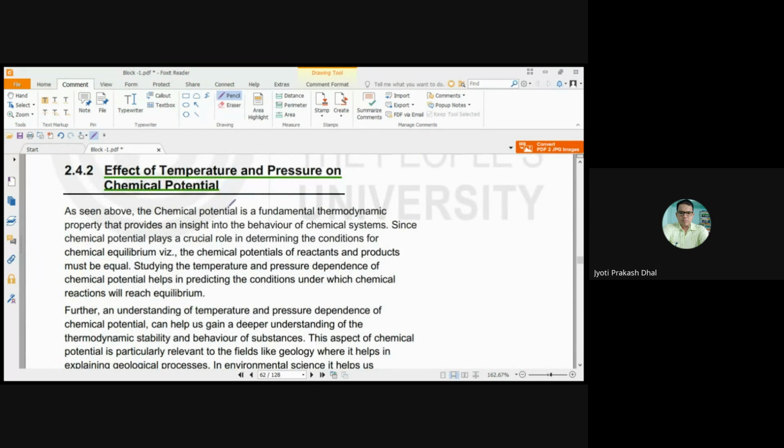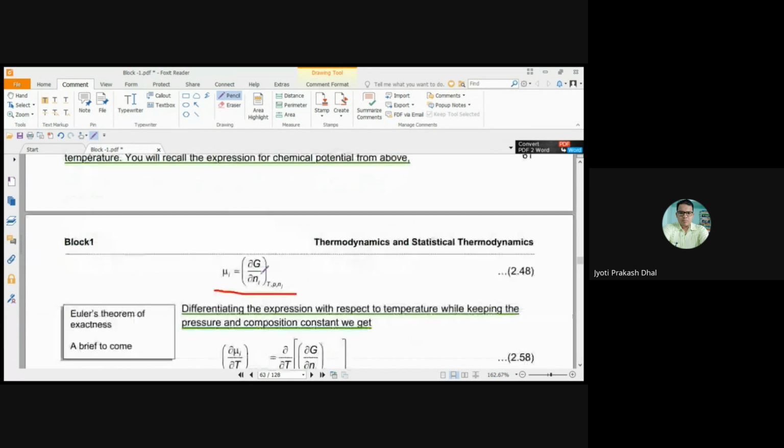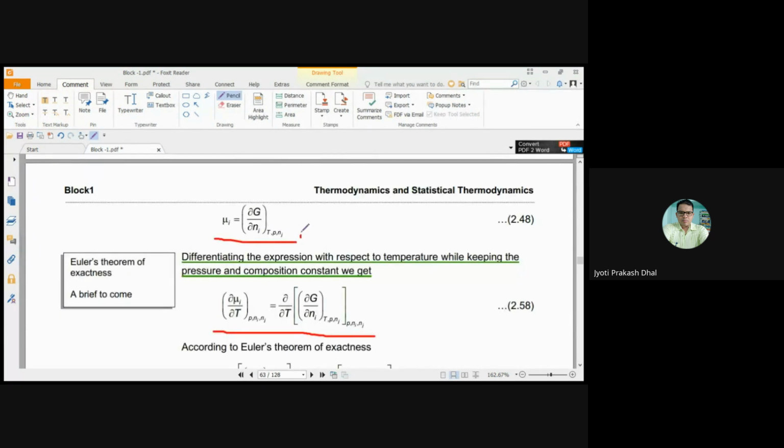Now coming to the effect of temperature and pressure on chemical potential. First we will discuss the effect of temperature on chemical potential, and here we have defined the chemical potential mu i equals del G by del Ni at constant temperature, constant pressure, and constant number of moles of the other components except the ith component.